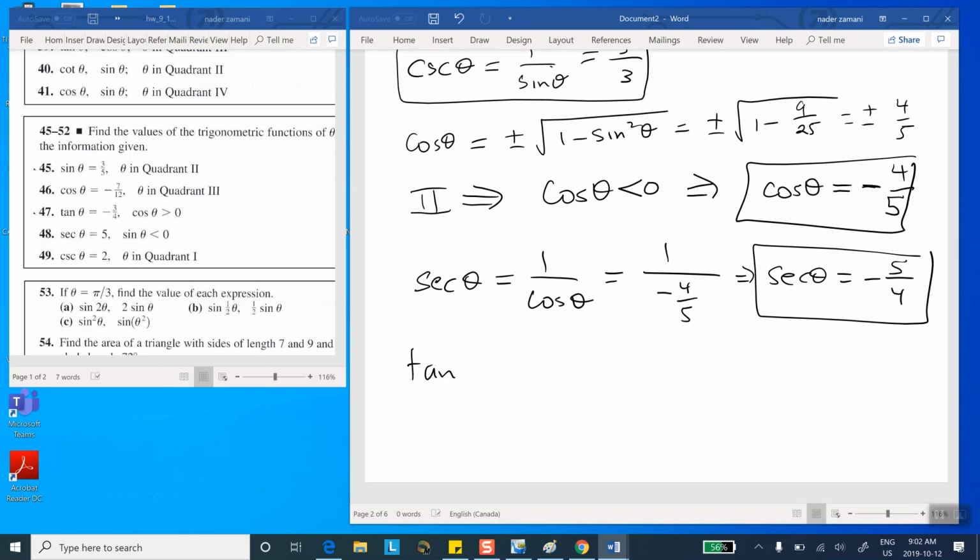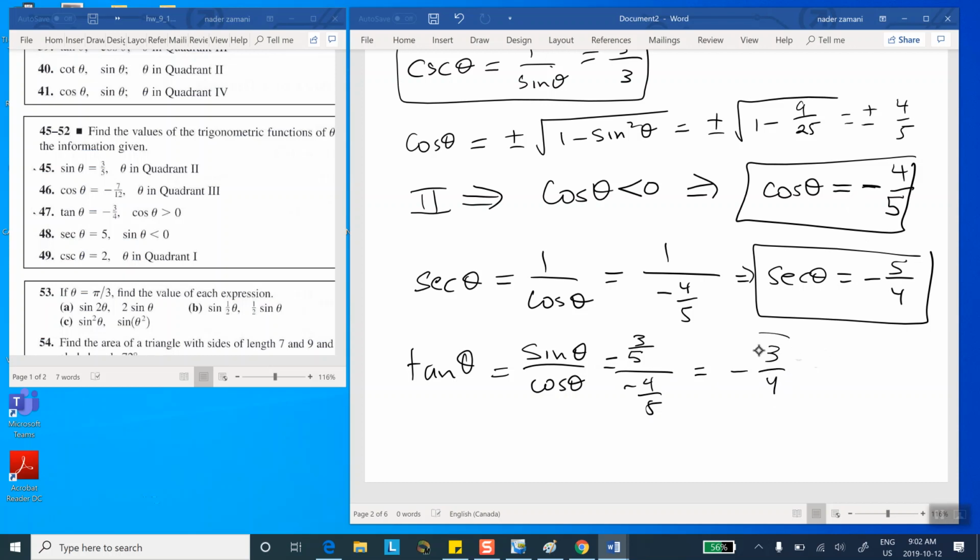Since we found sine and cosine correctly, hopefully with algebraic sign, this is going to be sine of theta over cosine of theta. Sine of theta was given to us, it was 3 over 5. Cosine of theta, we just found, minus 4 over 5. And this is going to be minus 3 over 4.